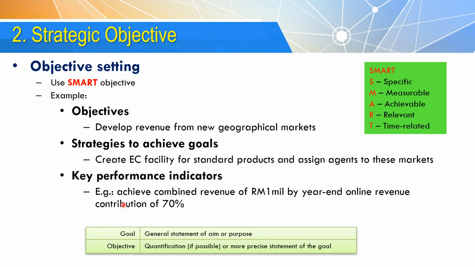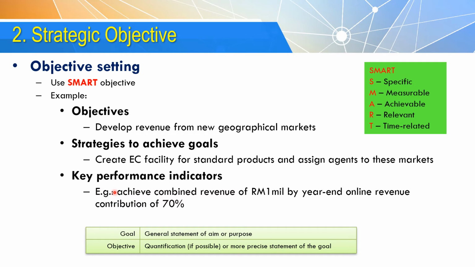Kat sini bagi contoh. Ini antara contoh how we want to measure, okay, by setting the KPI. Contoh kat sini dia kata the objective is to develop the revenue. So dia punya strategi dia kata they create the e-commerce facility. Okay, and then how they want to measure either the performance is achievable or not.